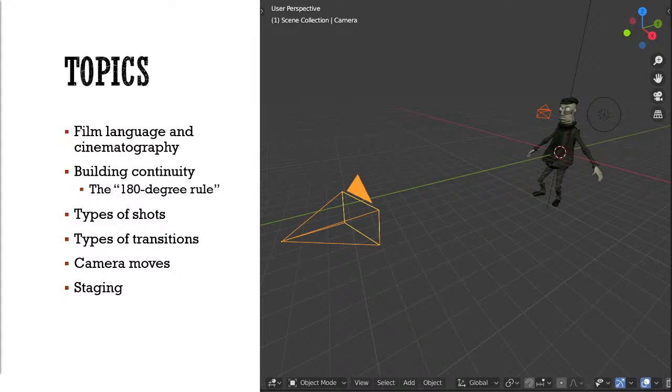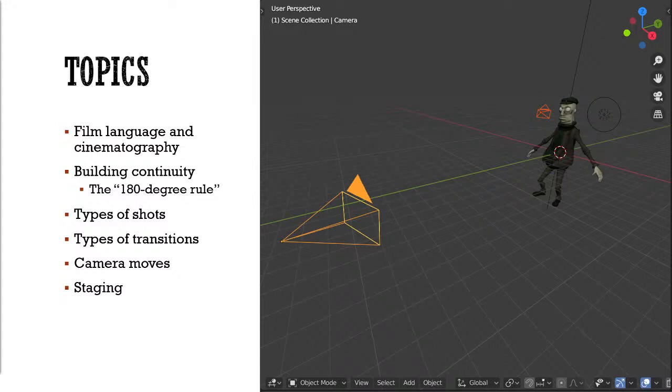So this is a good time to really think about, because you are going to basically be building an animated version of a storyboard. If you recall, that's what an animatic is. To really start thinking about the film language that you're going to use in your shots.